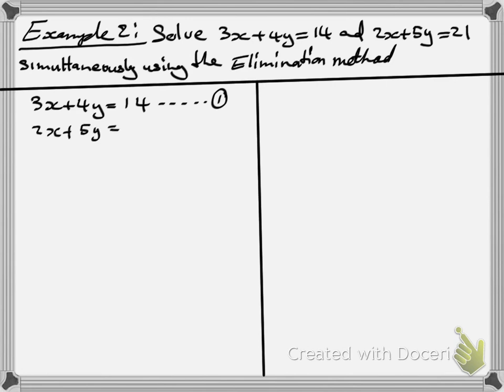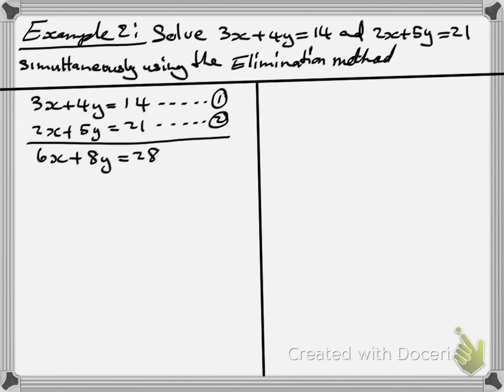The next step is to identify what I want to eliminate. Here I'm going to eliminate the variable x. Remember to keep it simple, so you choose the variable with the coefficients that will make your life easier. If I choose x, I'm going to multiply equation number 1 by 2 and equation number 2 by 3.